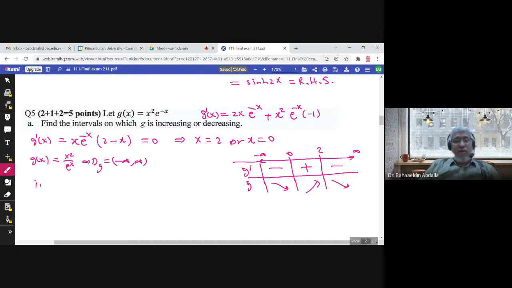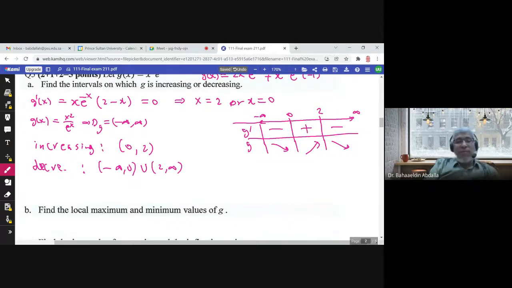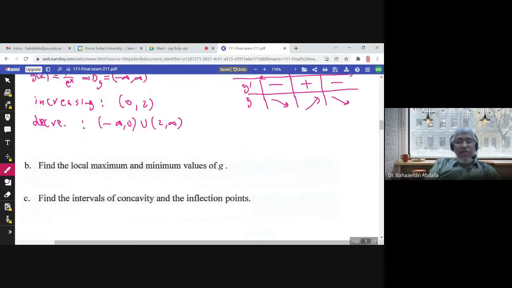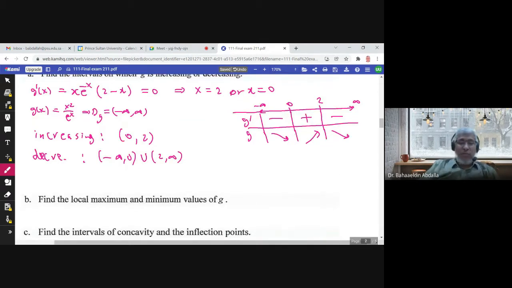So the function is increasing on the interval from 0 to 2. And it is decreasing on the intervals from negative infinity to 0, union from 2 to infinity. So this is the increasing and decreasing. Find the local maximum and local minimum. I can see here that the local maximum is f of 2.